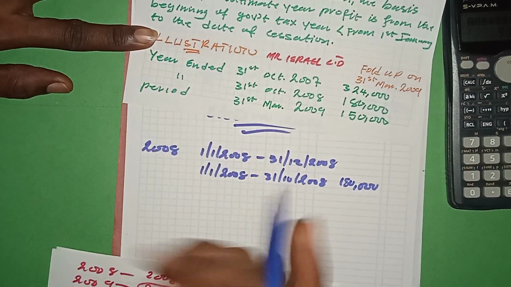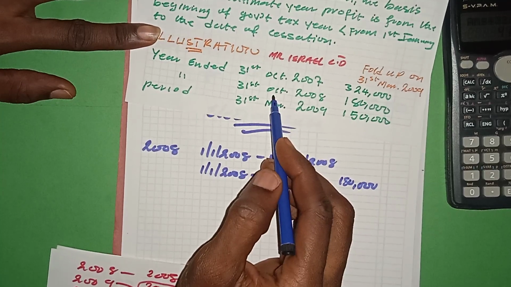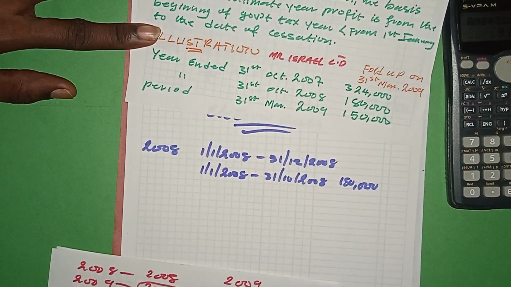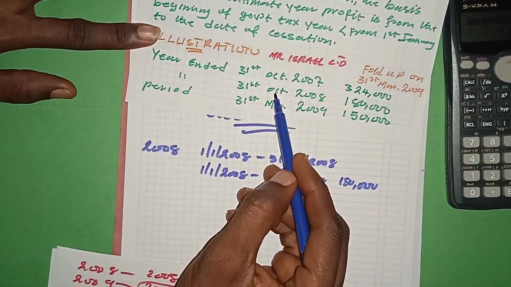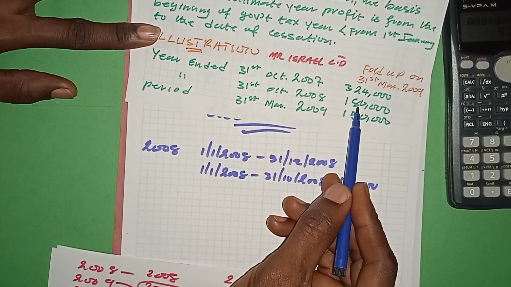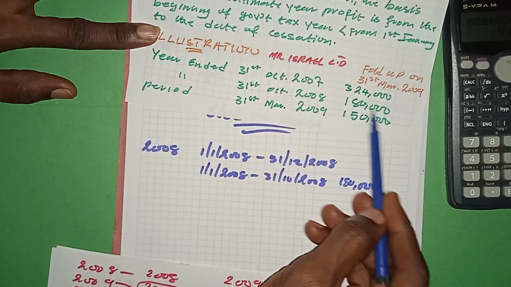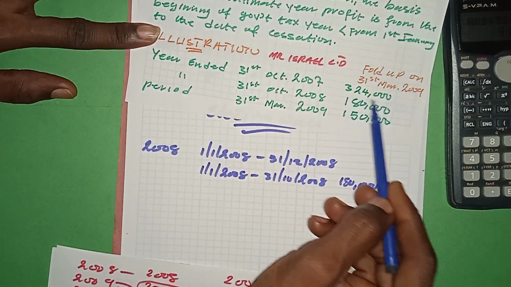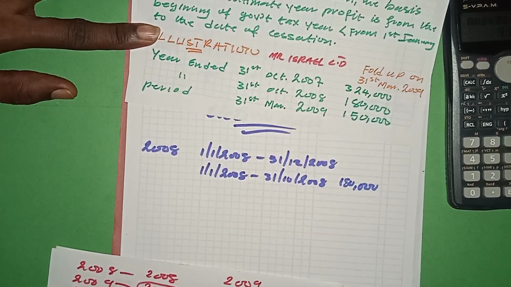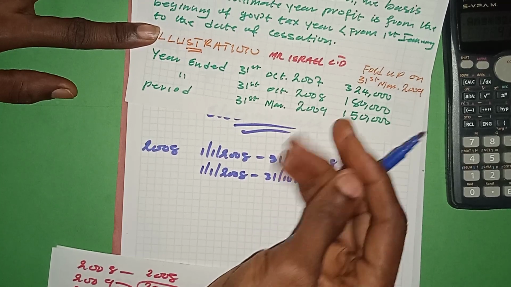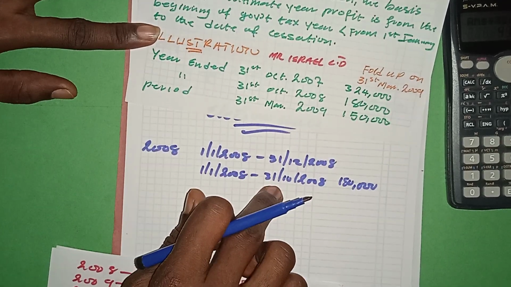If you notice here, this runs from November to October, will give you 180. You understand? So here now, this figure comprises 12 months. And we cannot lift all of them here.